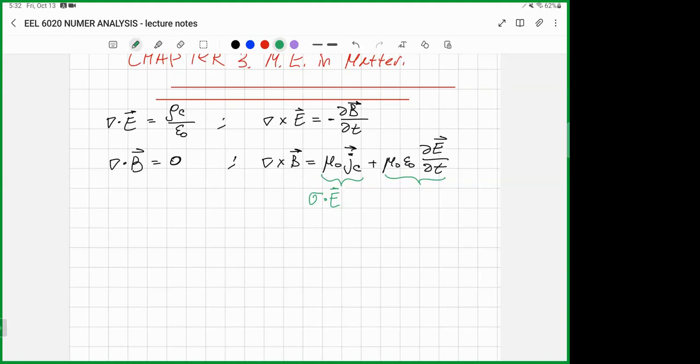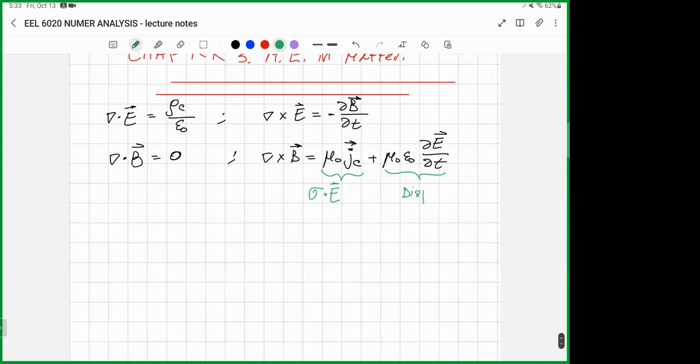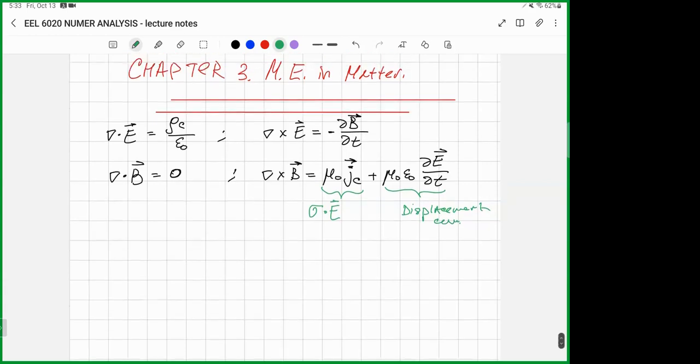The second one was the displacement current. The current that has been introduced by Maxwell to the theory in order to make it symmetric, right? For example, what I mean by symmetry here.